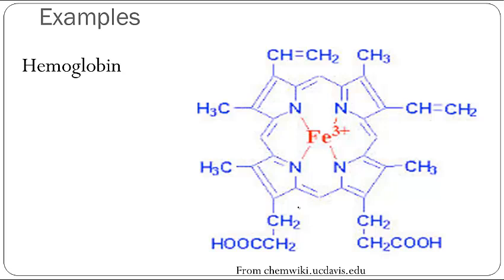So hemoglobin is really your gas transport system in the body. So what happens is I have this large molecule with a positively charged iron in the middle. It will take oxygen, so the lone pairs from oxygen will bind to the iron. It will carry it around your body to where it needs to go, and then offload it and carry CO2 out. So this is a complex ion that is really, hemoglobin's really a protein. It's a much larger molecule than we're going to see in this class, but this is a very important one.